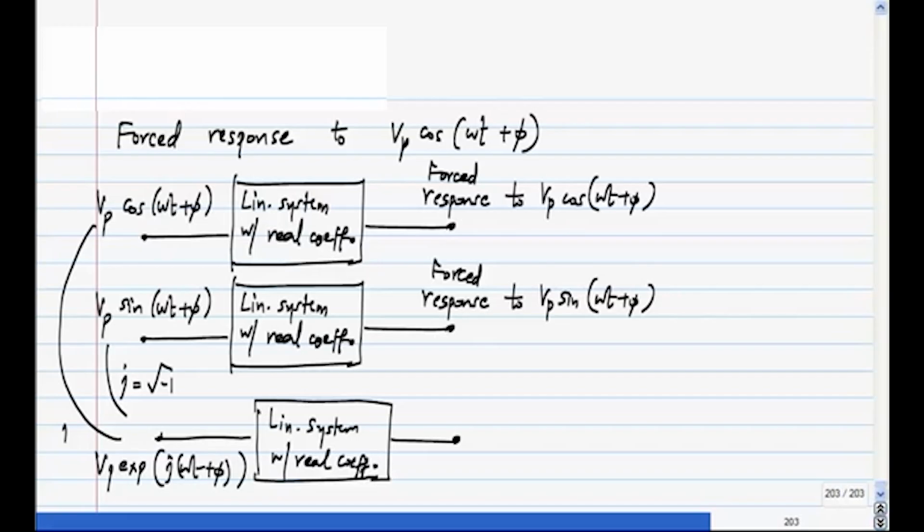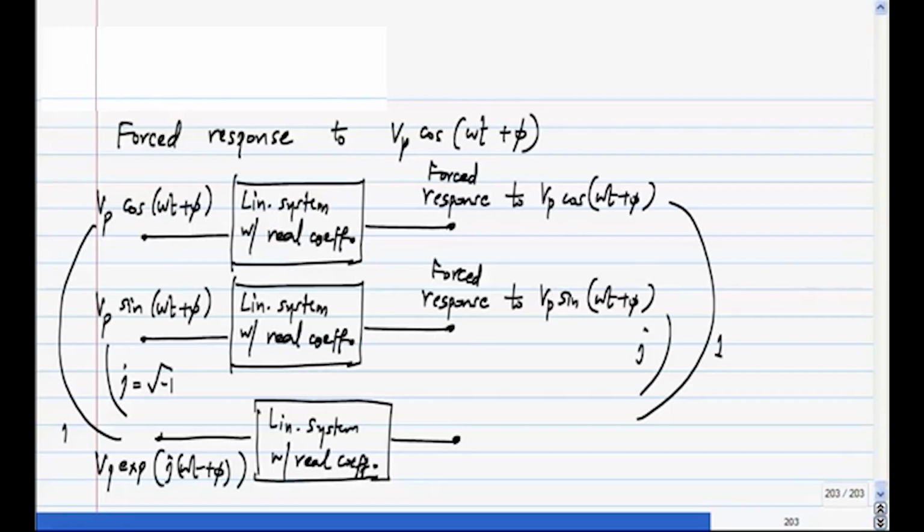A linear system obeys superposition as far as the forced response is concerned, so the response would be this times j plus that times 1. The reason for doing that is that the forced response to an exponential input is very easy to calculate. We've already done that. It is the same exponential scaled by some number, and that number depends on the components in the circuit.